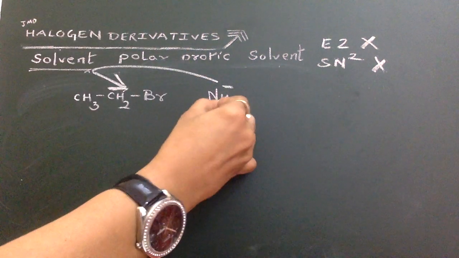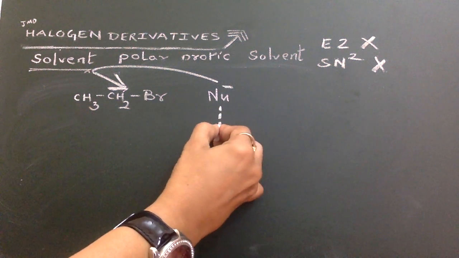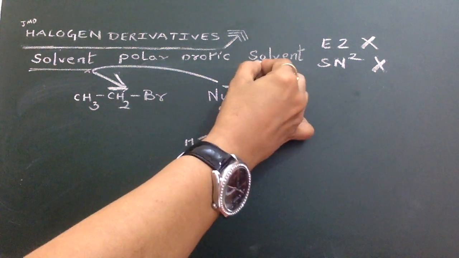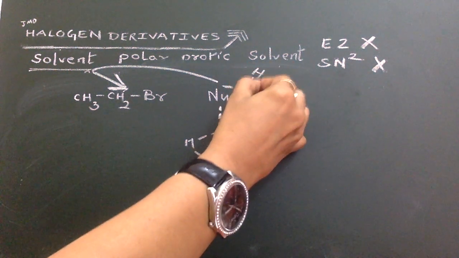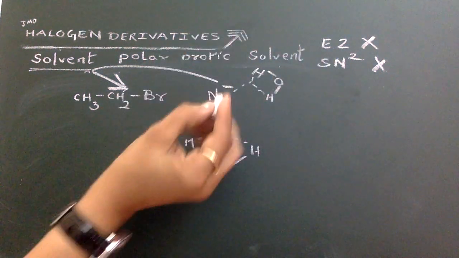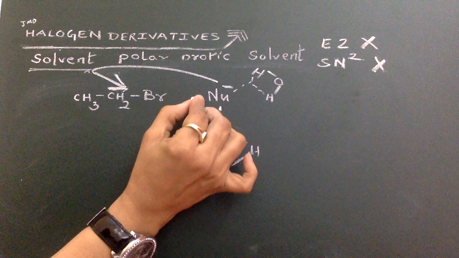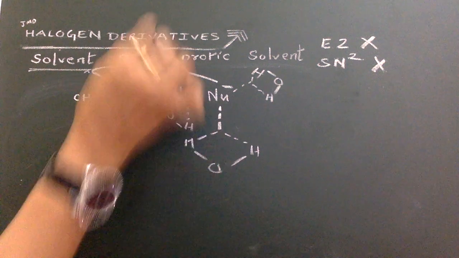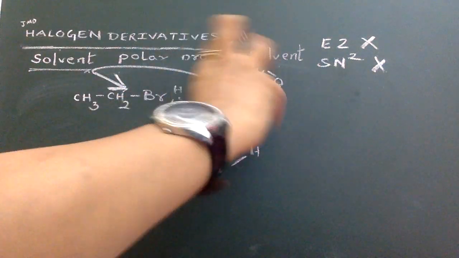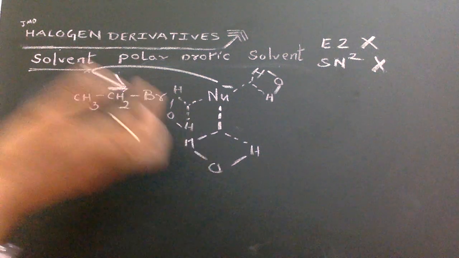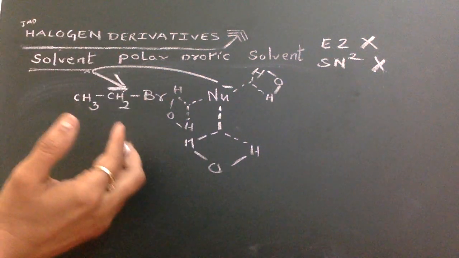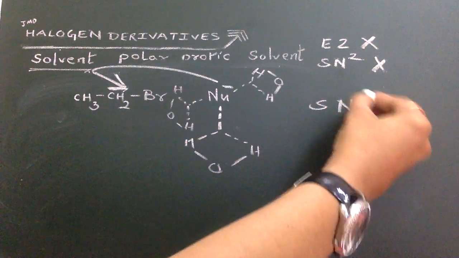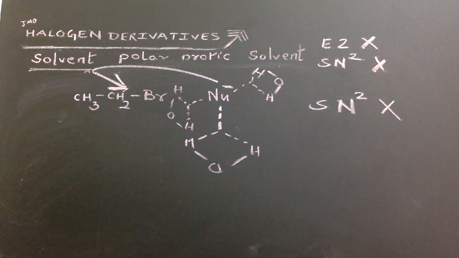Now, my dear children, if it is having a polar protic solvent, then the nucleophile will make bond with H of water from all sides, because the hydrogen of water is electropositive. You can go on writing, I'm not writing more water now surrounding it. Because the nucleophile is surrounded with water in a polar protic solvent, its way will be blocked to attack the molecule, and hence SN2 will not be favored in a polar protic solvent.